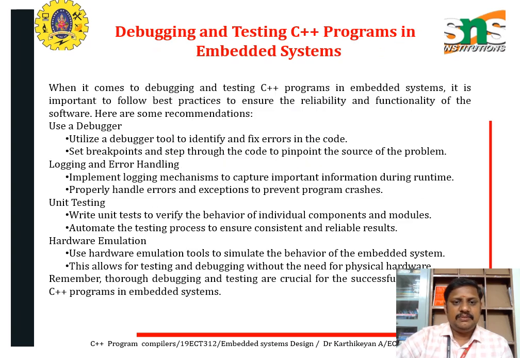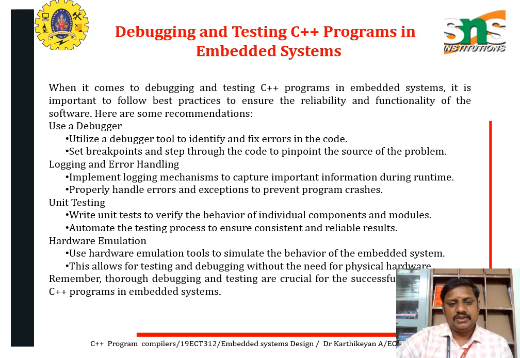And how will debugging and testing be done in the embedded system? We implement and utilize the debugger tool to identify and fix errors in the code, and set breakpoints through the code to pinpoint the sources of the problem.